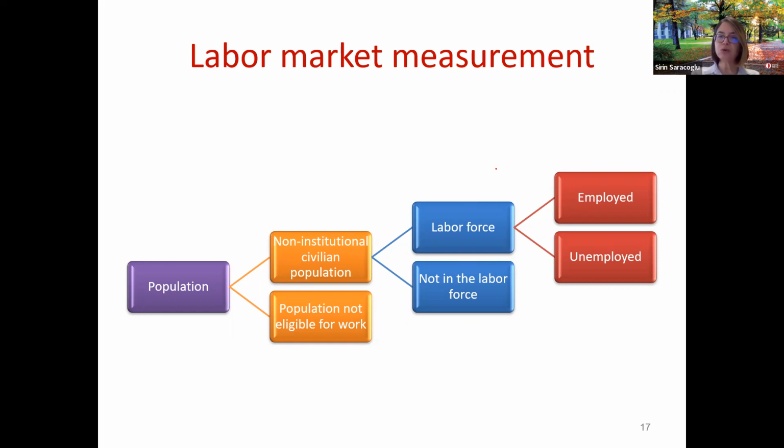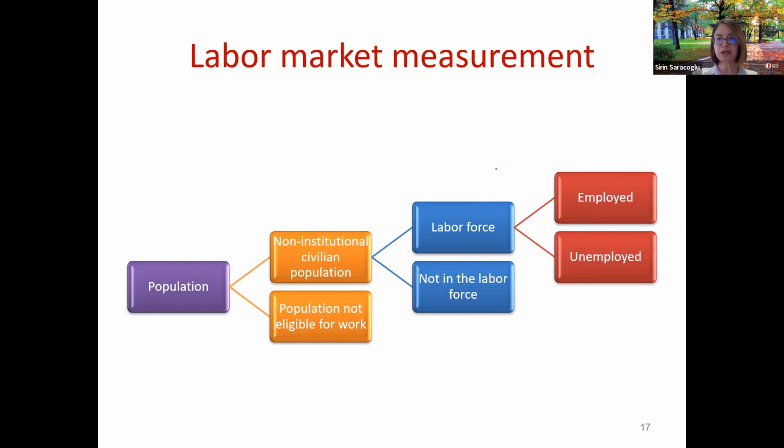Now, there is one more category here, which is not mentioned, people who are discouraged workers. Now, over time, if you have not been able to find a job while you are unemployed, you might fall out of the labor force, okay? If you fall out of the labor force and become a person not in the labor force, you are a discouraged worker, okay?